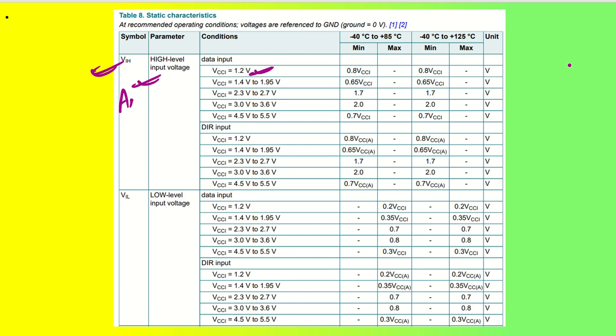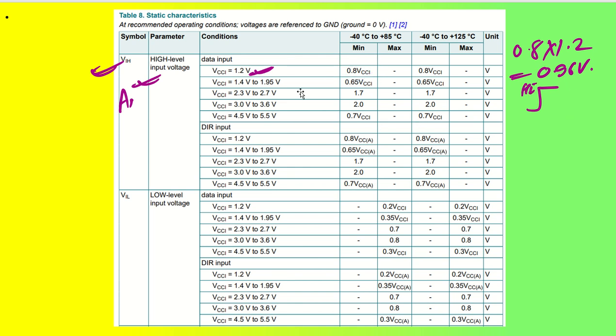Then to give a high, it has to be minimum 0.8 times VCCI. What does it mean? 0.8 multiplied by 1.2 equals 0.96 volt should come, and only then will it be considered as high.